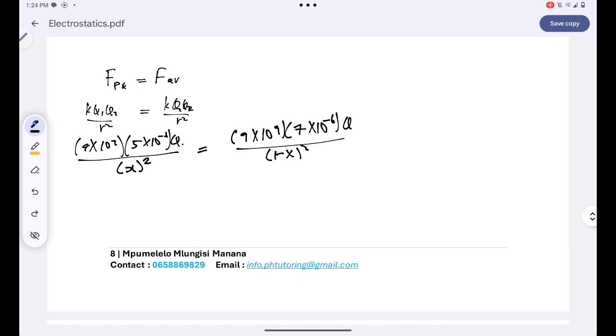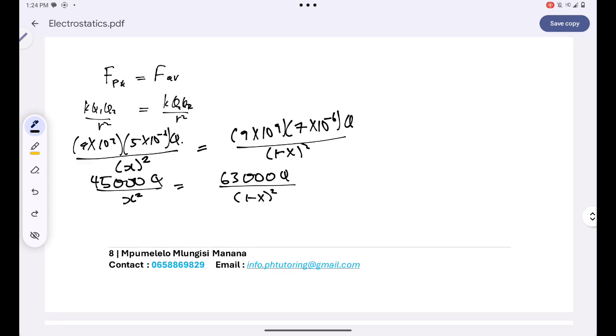This will give me 45,000 multiplied by Q over x squared. And then over there, I have 9 times 10 to the power 9 multiplied by 7 times 10 to the power negative 6. This is 63,000 multiplied by Q, over 1 minus x all squared.